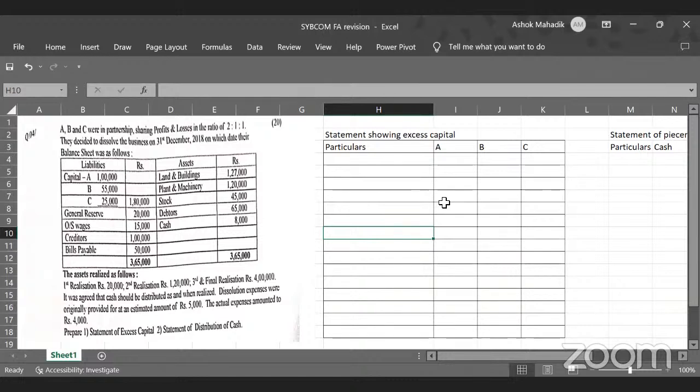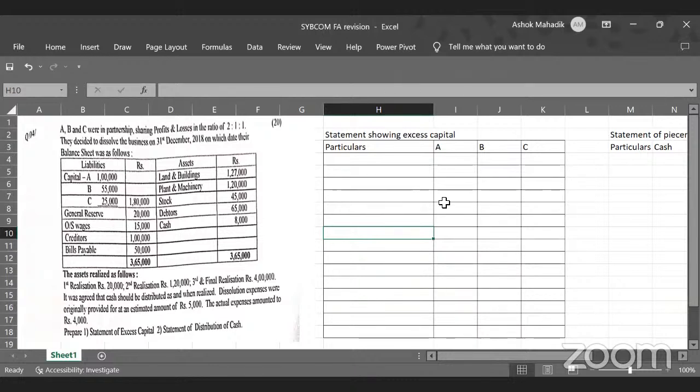So I was talking about the order of payment. The very first thing you have to pay is realization expenses. After that, you can pay preferential liabilities. Now, what are preferential liabilities? Government dues, any income tax payable, any sales tax payable, or any workers' dues like outstanding salaries, outstanding wages.